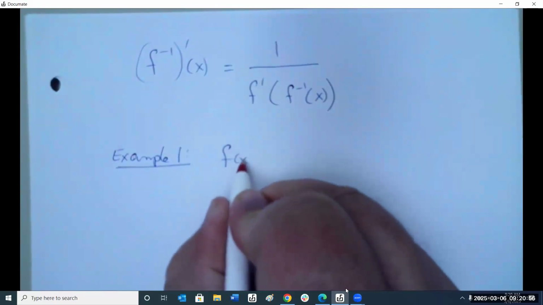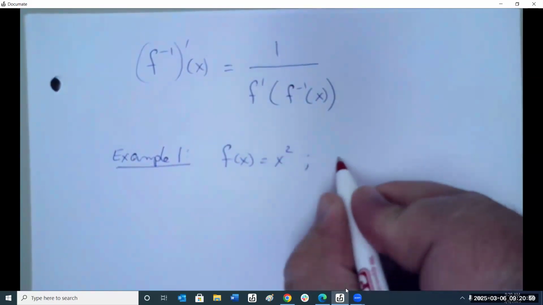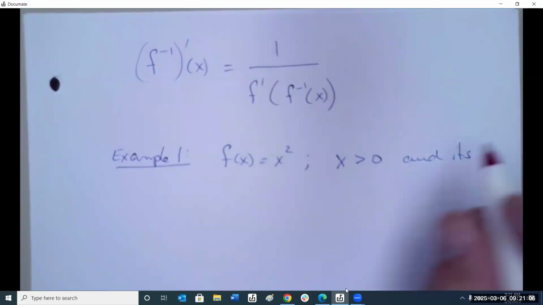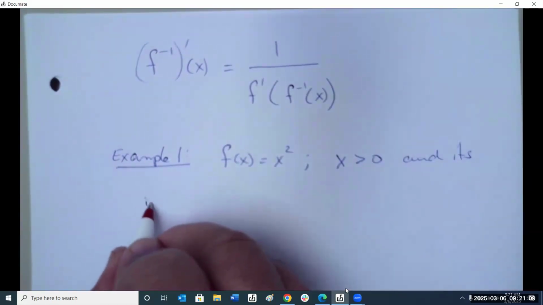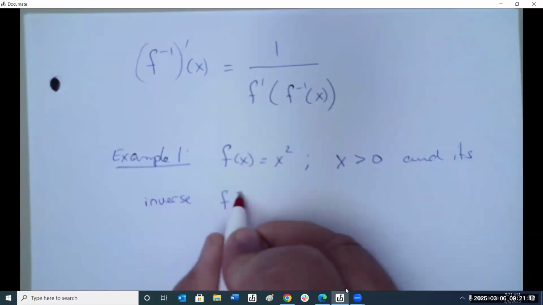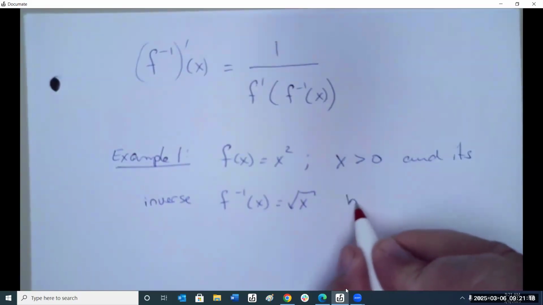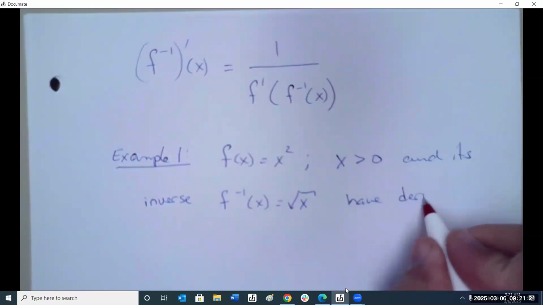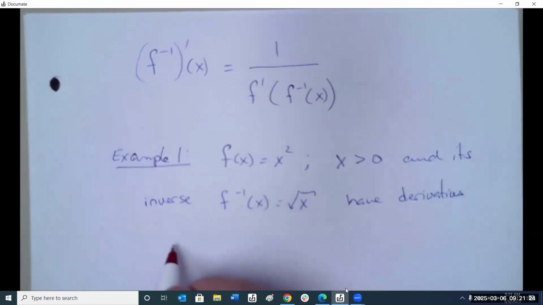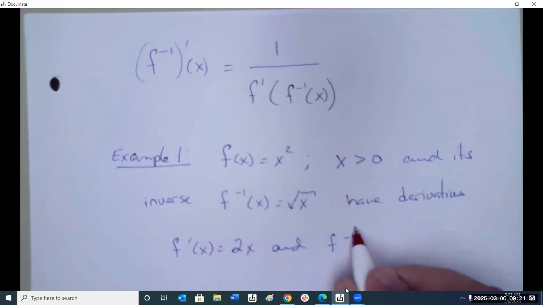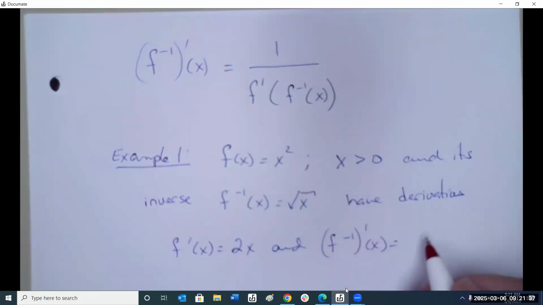The function f of x equals x squared for all x's greater than 0 and its inverse, square root of x, have derivatives f prime of x is equal to 2x and f inverse prime is equal to 1 over 2 radical x.